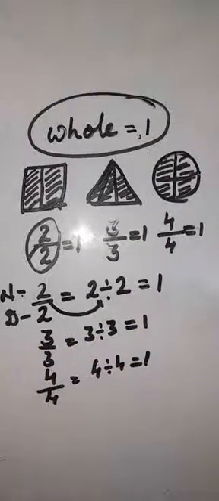I also told you a fraction shows the whole or it can be a region or collection, right? So let's take example of balloons. So I am drawing some balloons here, right?